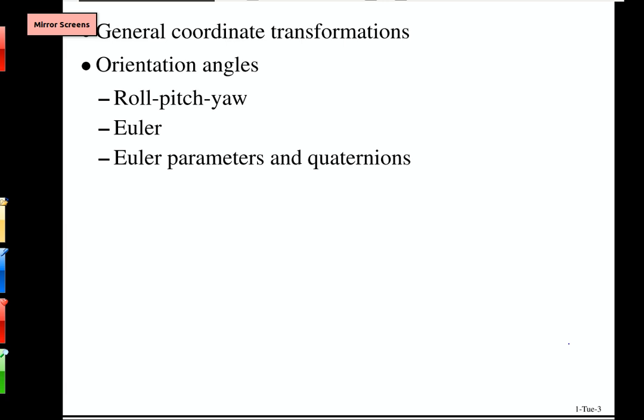One of the things that is important for describing a spacecraft, or a planet for that matter, is that you want to know not just where it is, but how it's oriented. If you consider something as just a point, how it's oriented doesn't matter, because a point can twist and turn, it's just a point. But a spacecraft or a planet has a particular orientation in space, or an aircraft for that matter.